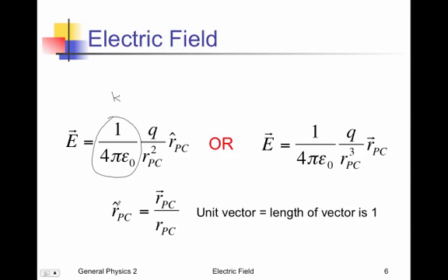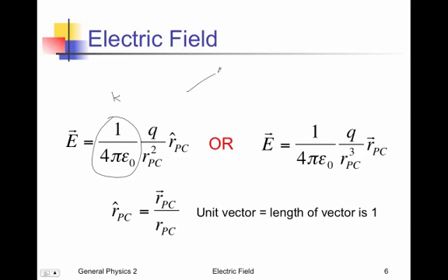Now r hat is a unit vector, and that unit vector means that it only has a length of 1. So it's just showing you the direction. And a unit vector is given as an r vector divided by the magnitude of the r vector. So think about it like this.